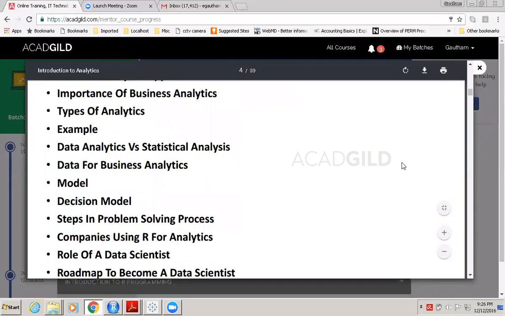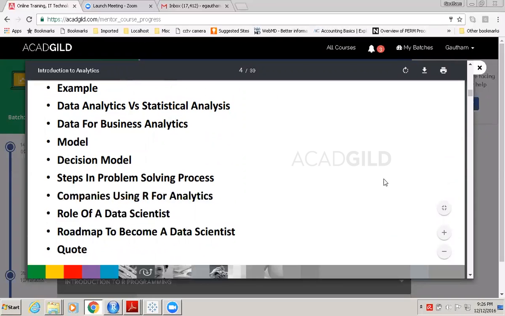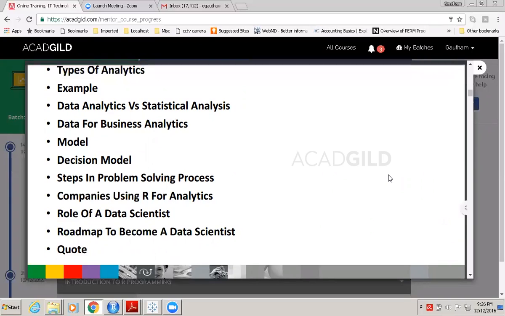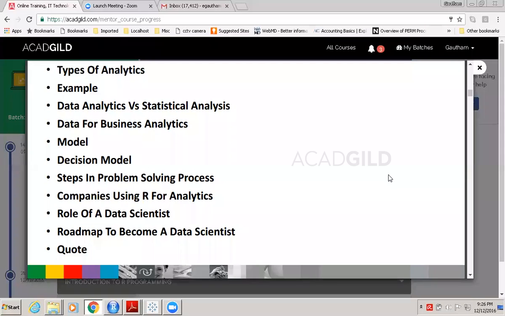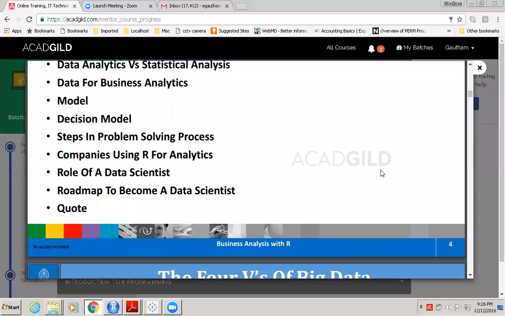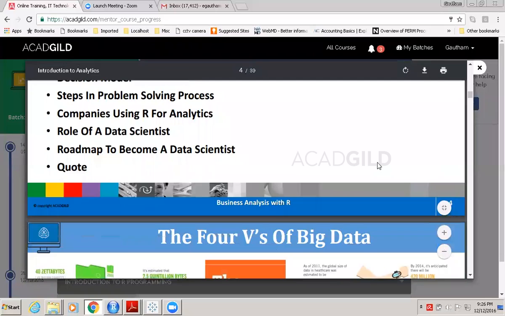We will cover data analytics versus statistical analytics, business analytics, and what is a model, what is a decision model, how to use this decision model. So basically we will be going through the overview of these features so that we are well set in the next few days to actually apply these concepts using R for our purpose.